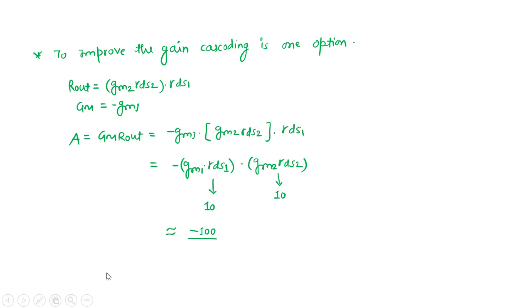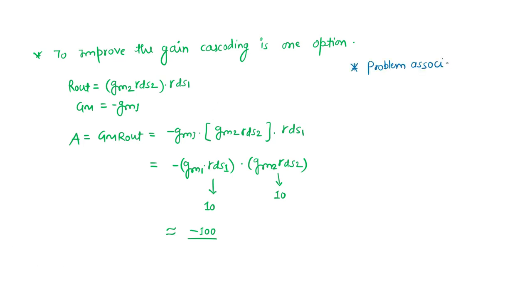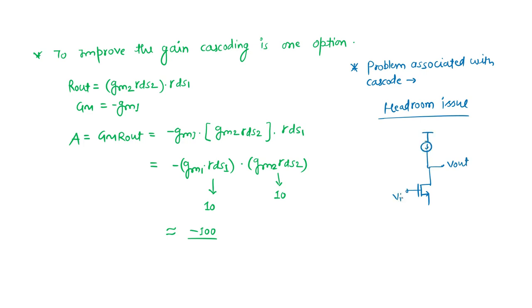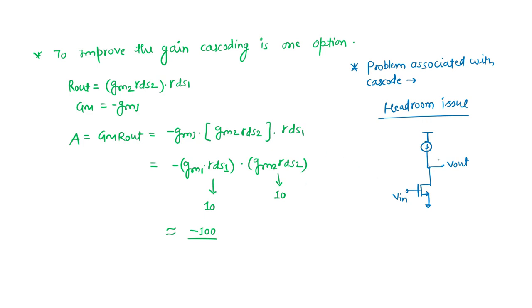The challenge associated with cascoding is the headroom problem. What is the headroom issue? You have to understand. Roughly, if there is only one device, and here you're taking the output, this is the current load. From ground to VDD, this is your VDD, this is your ground.